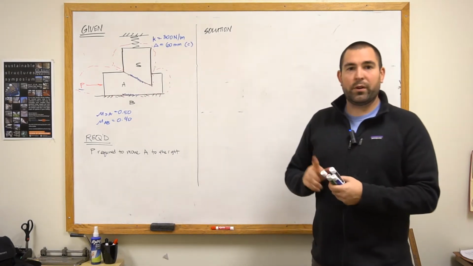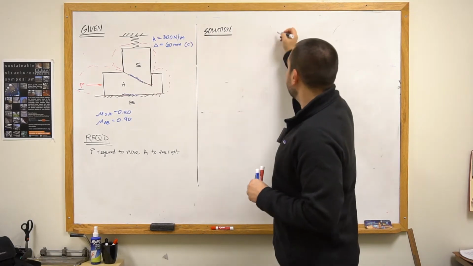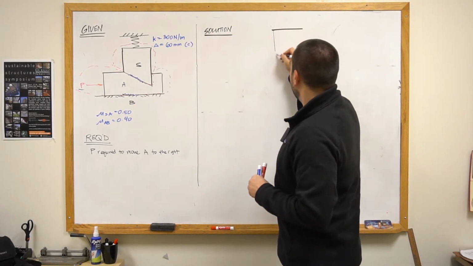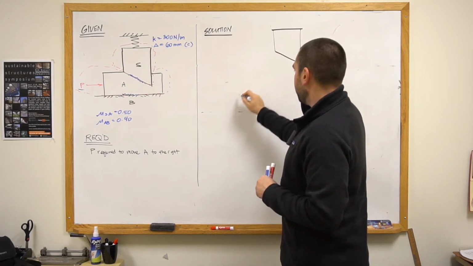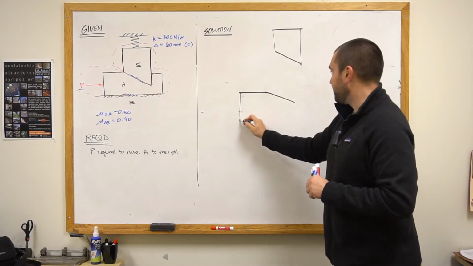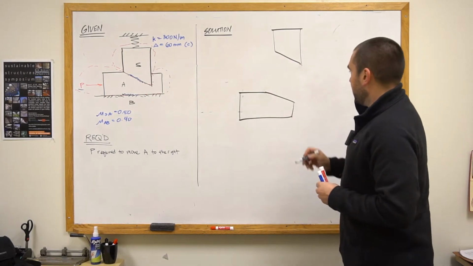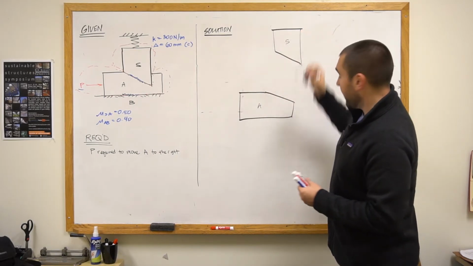So I'm going to need two different free body diagrams to fully describe this: the stub and the wedge. I'm going to simplify what the wedge looks like to a certain extent. This is wedge A, this is stub S.